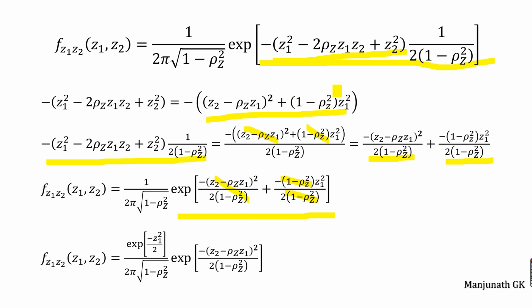The given bivariate PDF can also be written in this format. Okay, so everything is written as it is here. So this is the modification that should be done to the given bivariate PDF while calculating f z1 of z1.